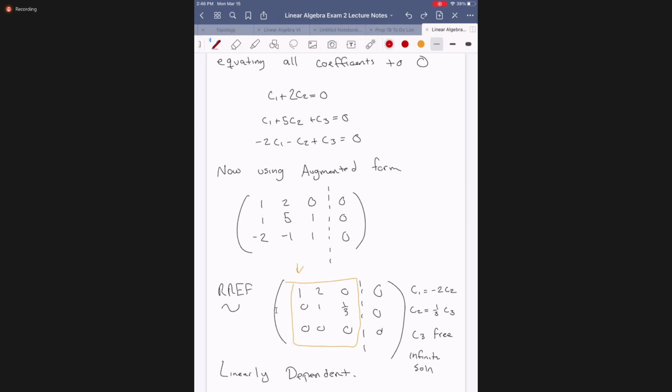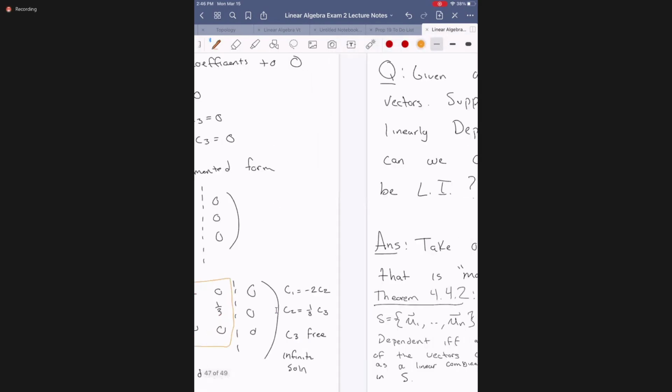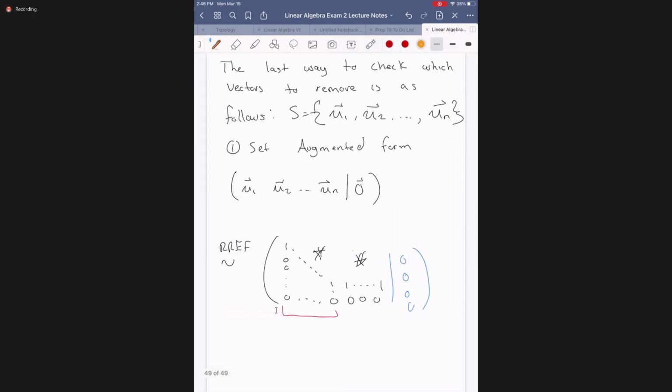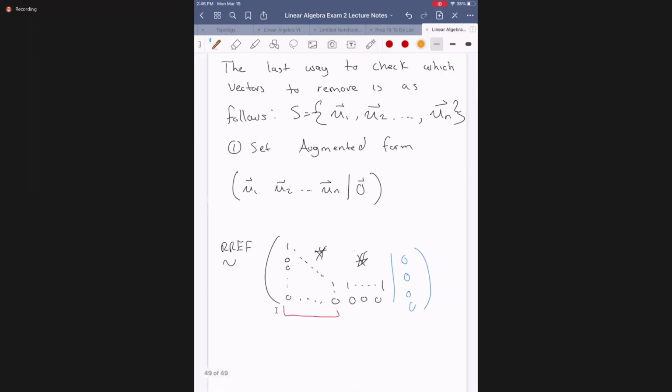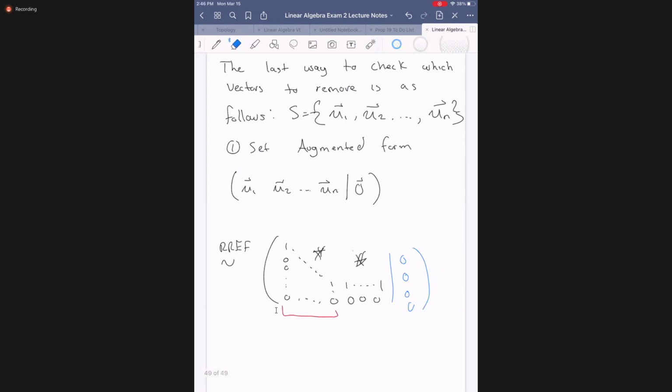So everything that has a pivot column, meaning you have a leading one, and then you don't have ones anywhere else, those are the vectors that are right here. Yeah, I think it would have been better to illustrate with an example instead of with this general form. So let me just finish this general form.